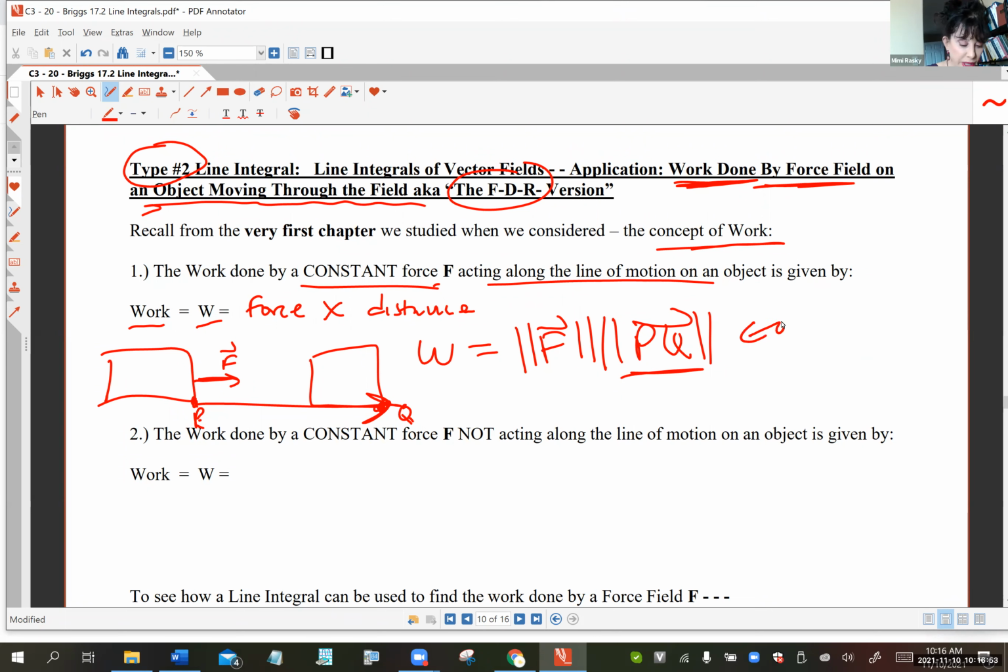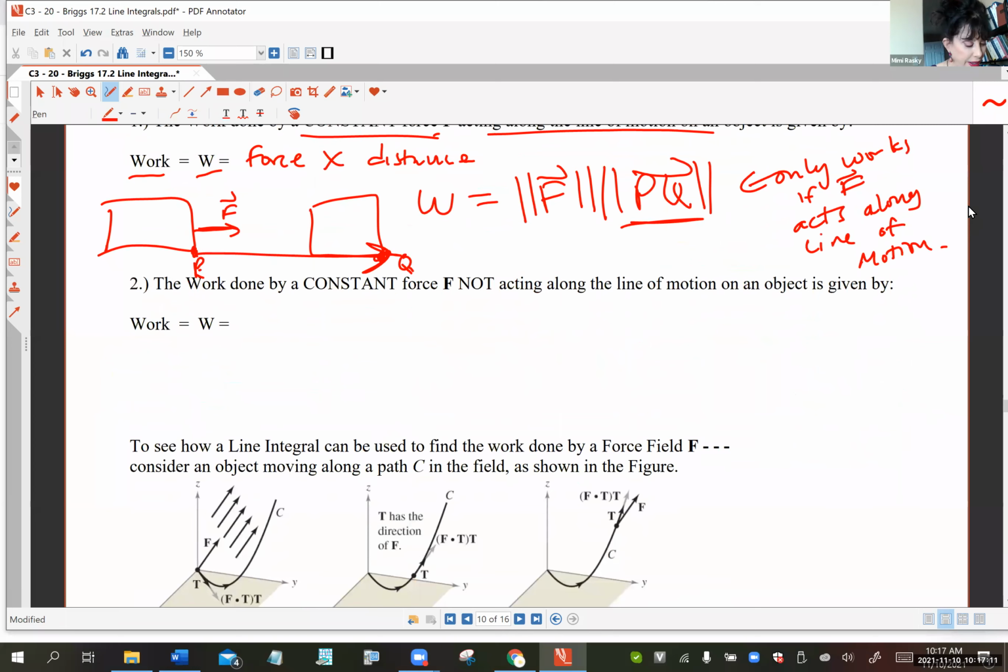But this formula only works if F acts along the line of motion, so it's pointing in the same direction as the vector PQ. And usually that's not the case. You're usually never this lucky. So usually we don't use that formula because we don't have all the criteria for it.